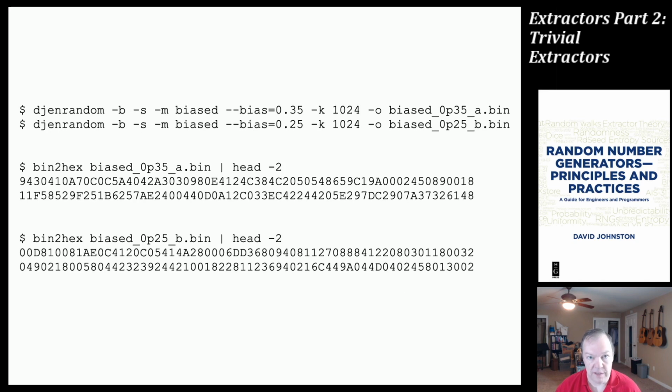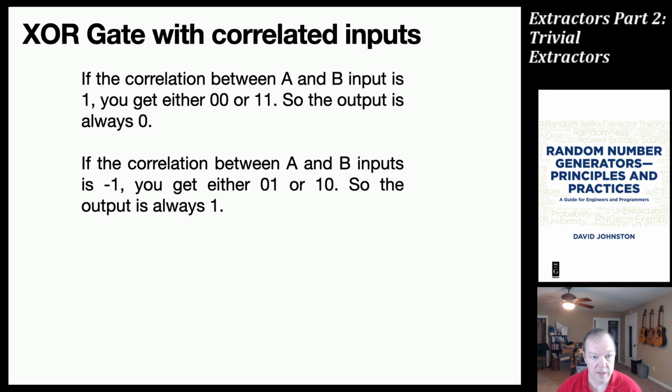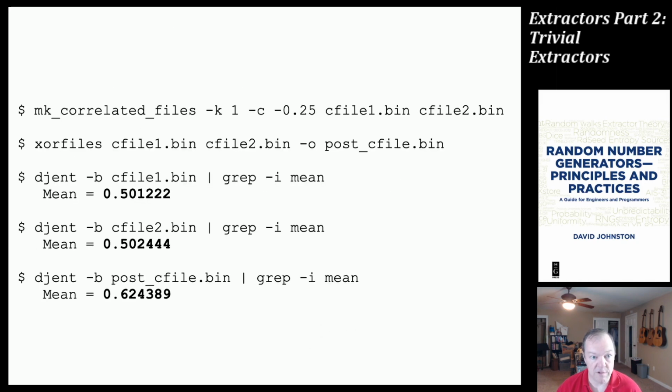And then we've looked at examples of the output bias being better when we give it biased inputs that are not correlated, but when we give it correlated data, where the values on the pins are in some way correlated, the entropy gets worse.